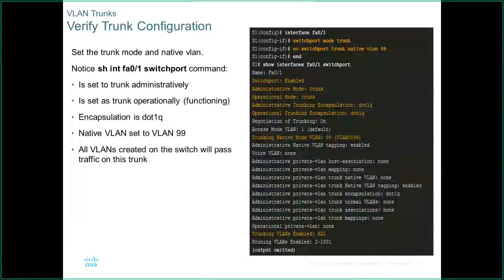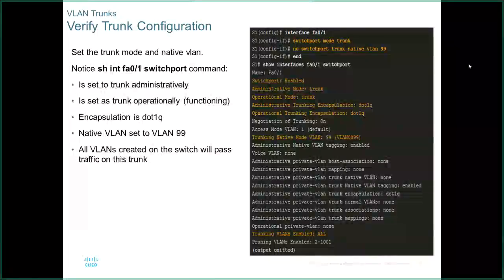So when we have a look at the interface, type in the commands, switchport mode trunk, no, again, to remove any command, we put no in front of it, and then show interface F0/1 switchport would give us all the information required about that layer 2 interface.